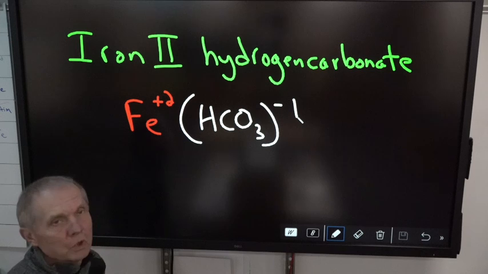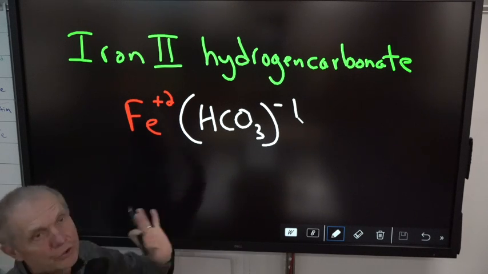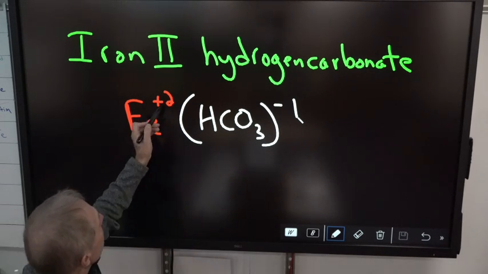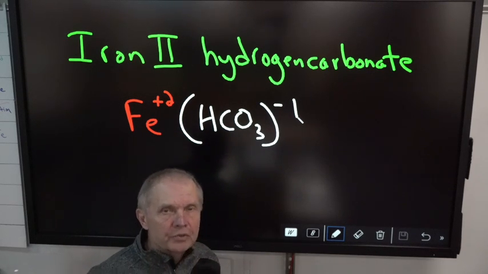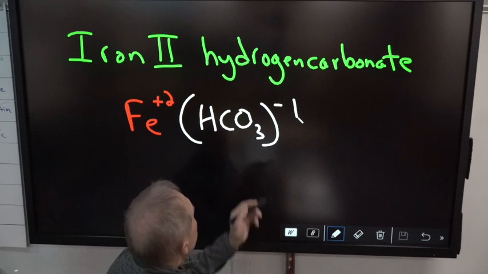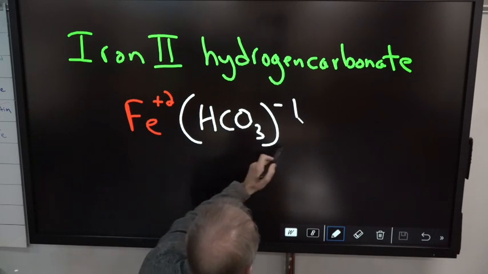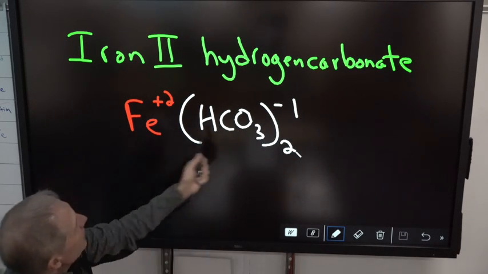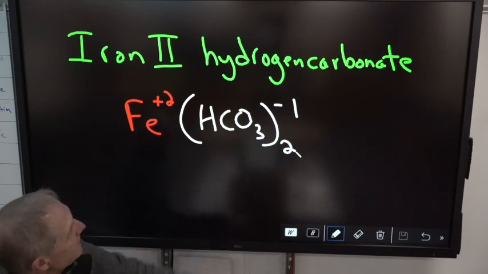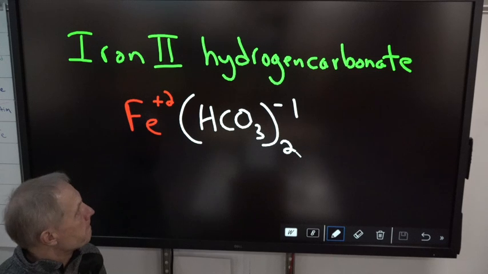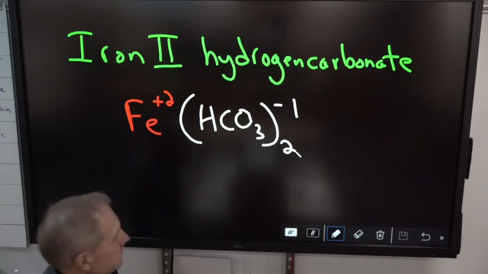So now if you look at that, do the charges equal 0? No, this is a plus 2, that's a minus 1. If the charges don't equal 0, crisscross. So that 1 is a given, so I put a 2 over here, and that is the name of that. Iron, Roman numeral 2, hydrogen carbonate, that's what it would look like. One more.